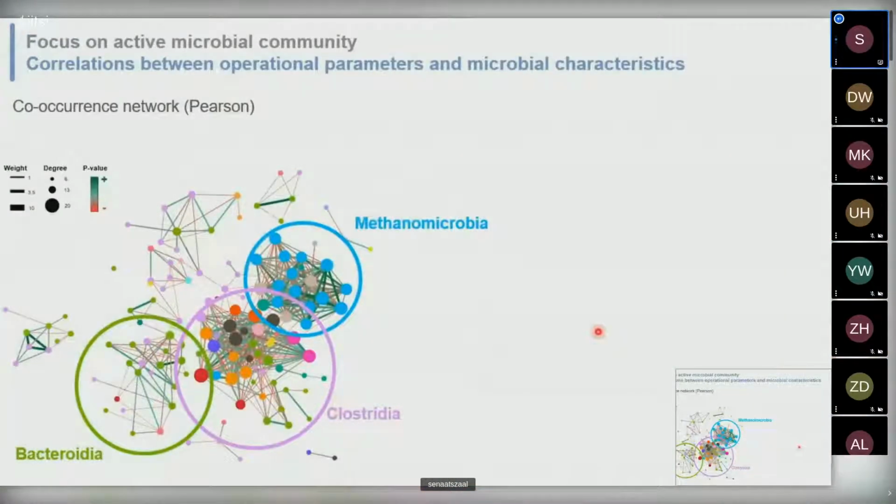Then I focused only on the active microbial community, and I applied correlation between operational parameters and microbial characteristics. I constructed a co-occurrence network with a Pearson correlation. We can observe three clusters. The first one was composed of the majority of Bacteroidia.